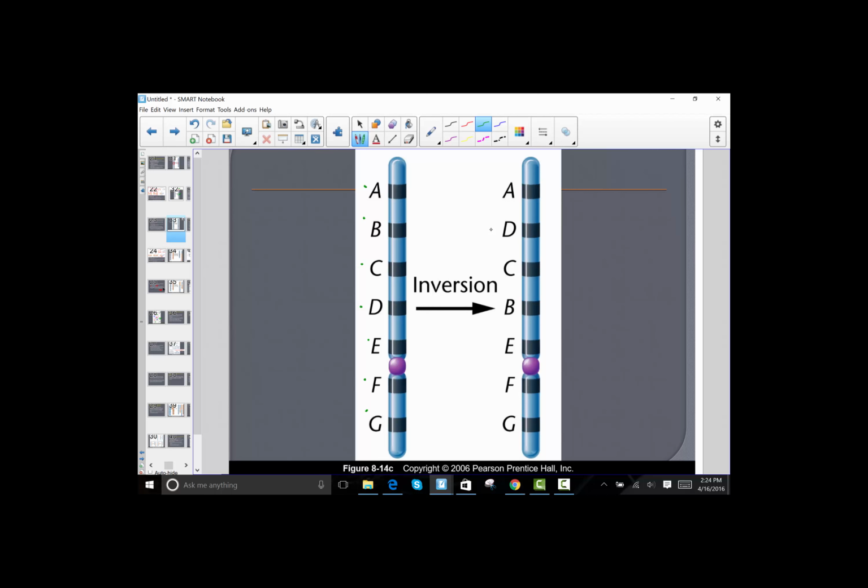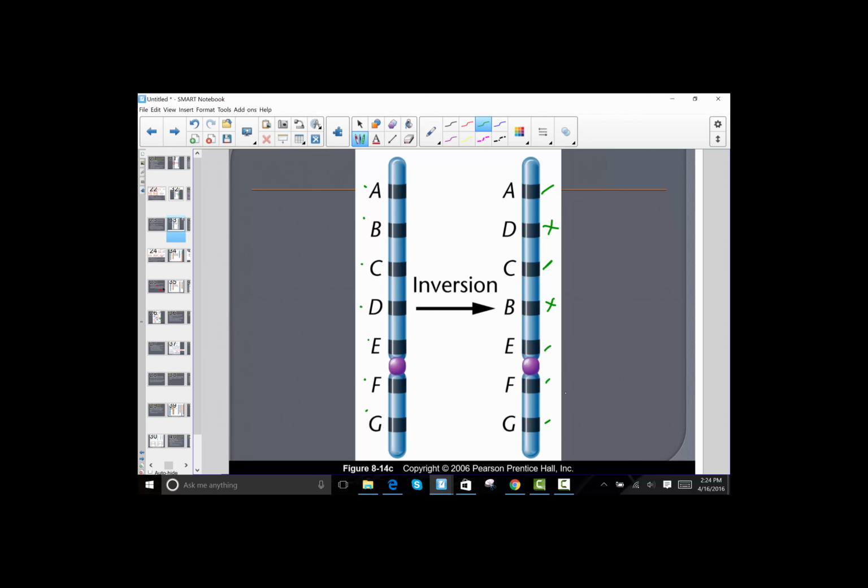But what happens in an inversion is that you have A, which is in the right spot, but D is now not in the right spot, C is in the right spot, but B is not in the right spot, and then everybody else is still okay.